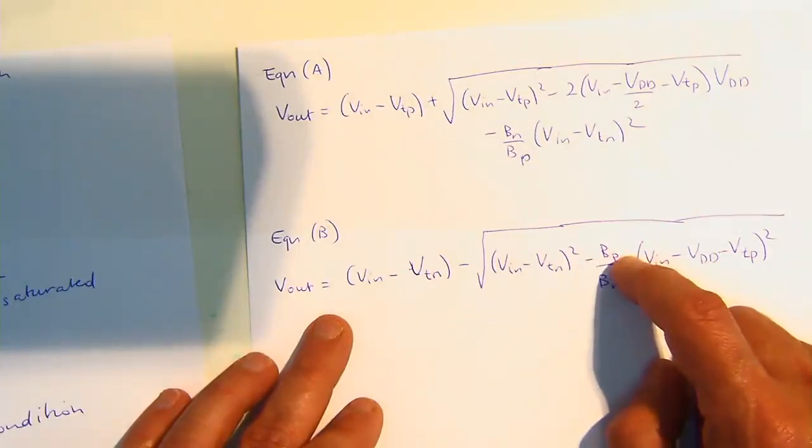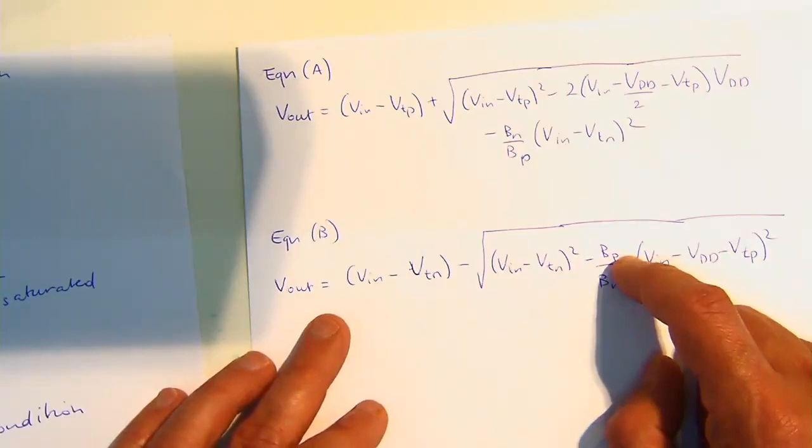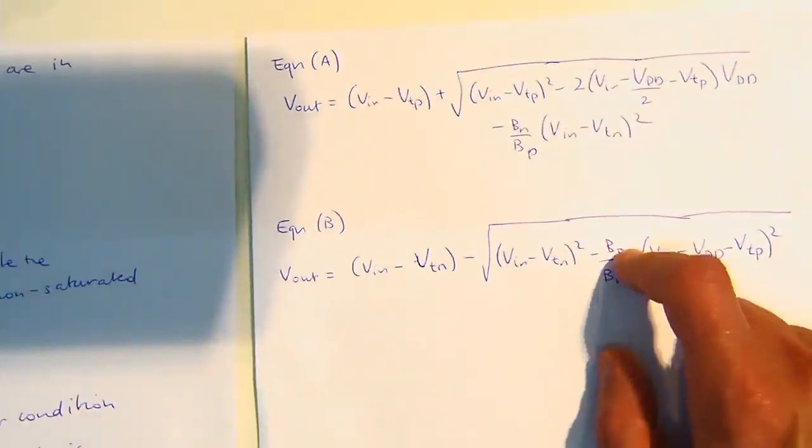Under normal circumstances, if you had the same transistor with the same geometry, would you expect it to be 1? And if not, why not? I'll give you a little bit of a hint.